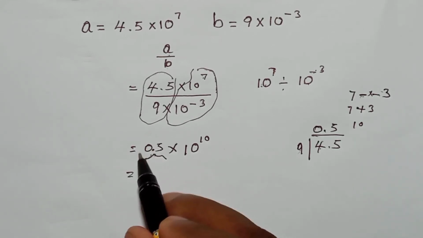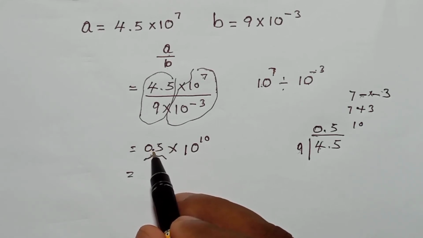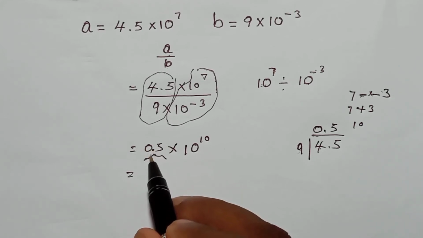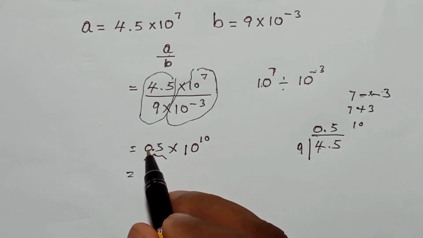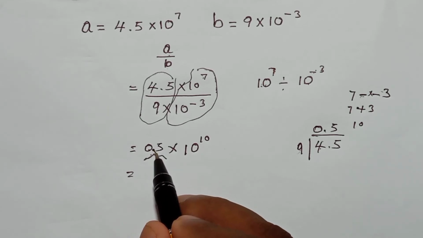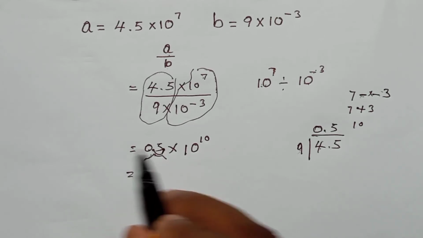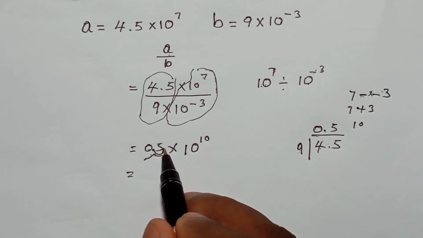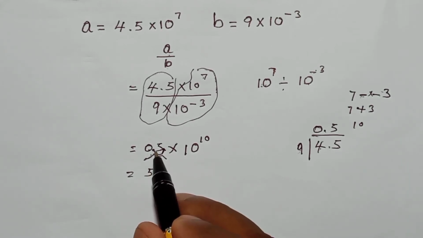Before the decimal point there must be one digit, except 0. Here only 0 is before the decimal point, so I need to bring one digit there. Now if I put the decimal point after the 5, before the decimal point there is only one digit except 0, that is 5.